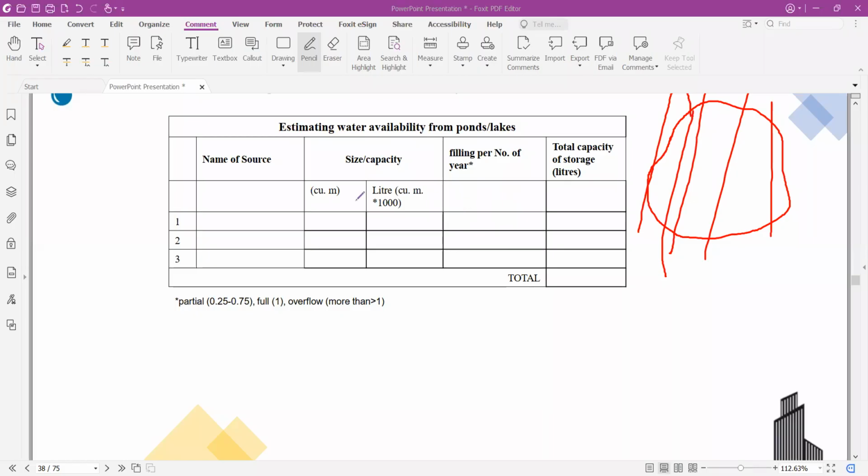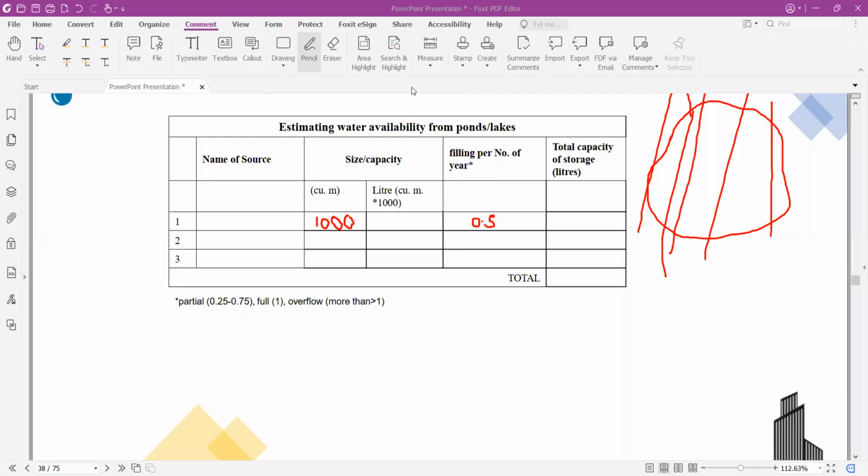For example, if we calculate that the cubic capacity is about 1000, and it is half full throughout the year, based on that we can calculate the total capacity of storage.